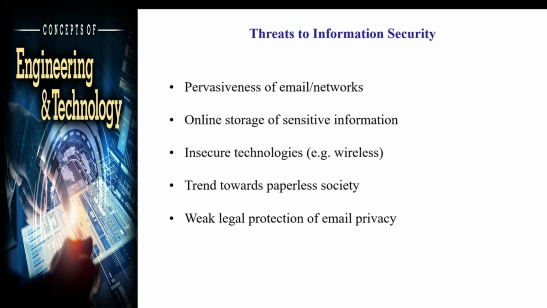When you look at information security threats and electronic records, we see a trend towards a paperless society, with legal protections for the entire process, such as privacy in email. We also need to know that two levels of authentication are enforced here.